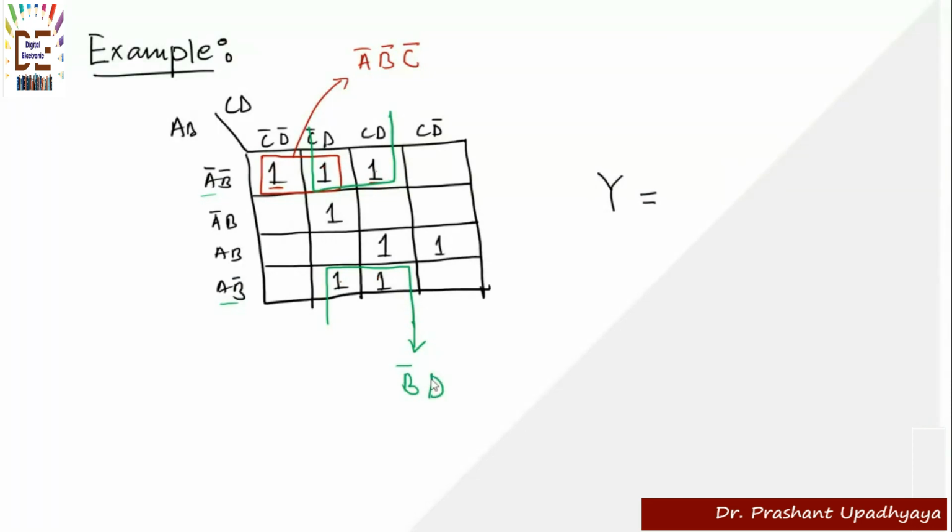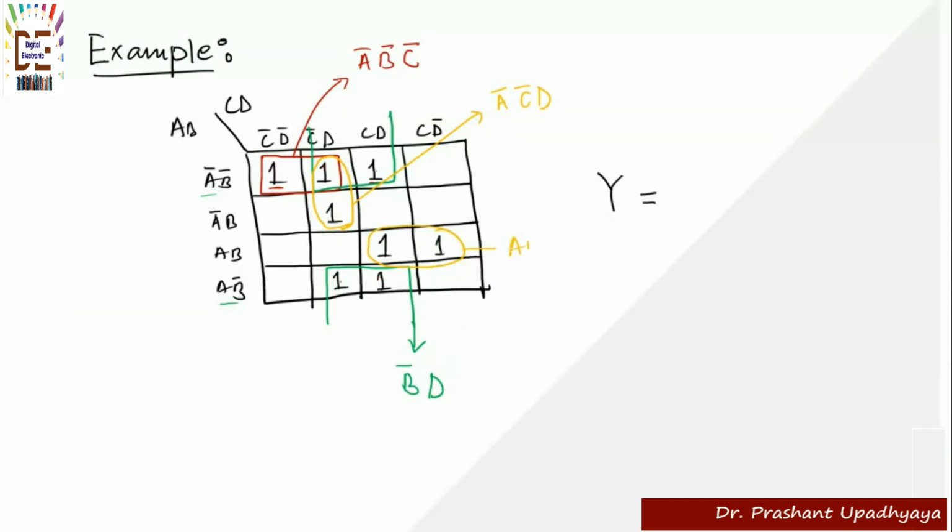Now I have combined these. Now I have left this one. For this one, what is the possible grouping? Only this. Everybody agree? What will be the answer for this? Here A bar is common, and then C bar D. So A bar C bar D. Now we have left this with this one, so I can have a grouping like this.